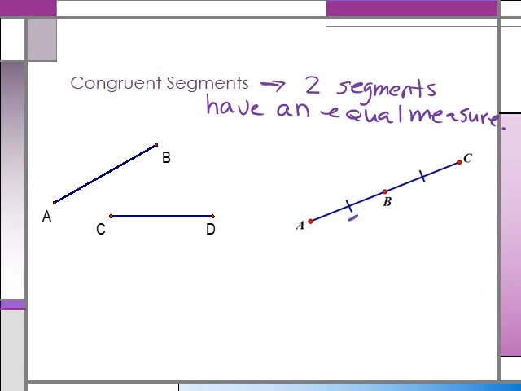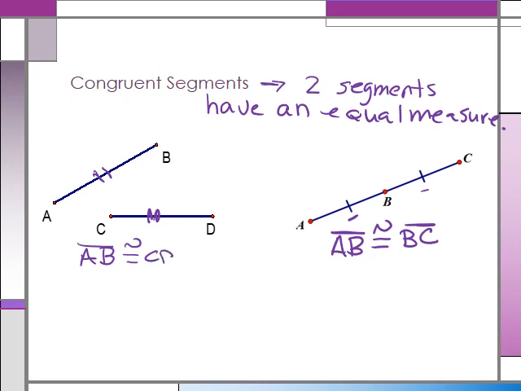So in this diagram, with those tick marks, we say that segment AB is congruent to segment BC. Over here, if I have different segments, I can use 2 tick marks, I can use 3 tick marks, it doesn't matter. But again, AB is congruent to CD.